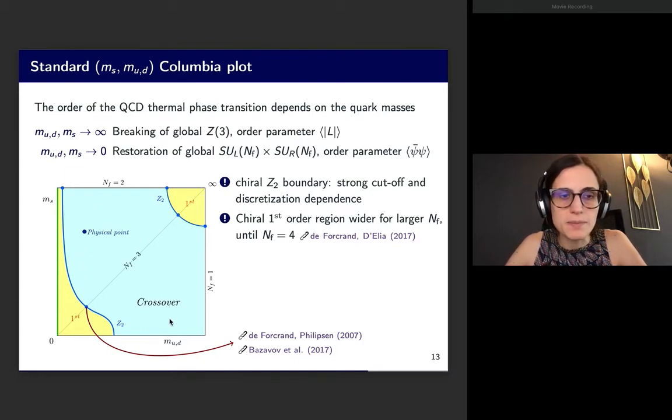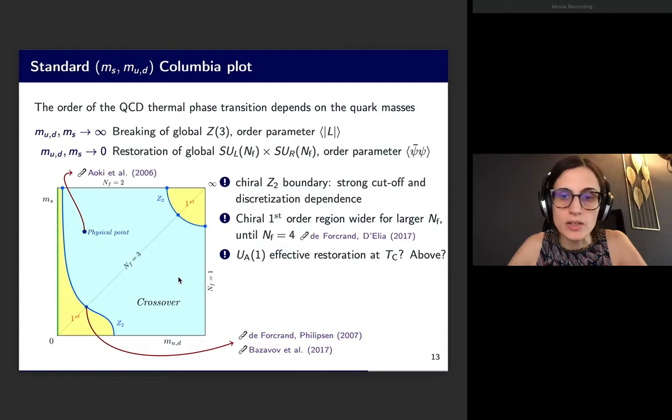And then many aspects of this phase diagram have been studied with lattice simulations. In particular, it has been studied that the width of the chiral first order region grows as a function of the number of fermionic species in the simulation. It is not yet clear if there is a finite size at nf equal 2 in that respect.